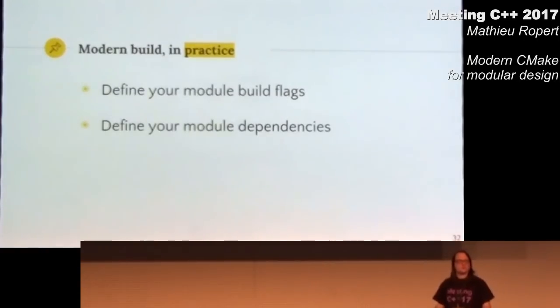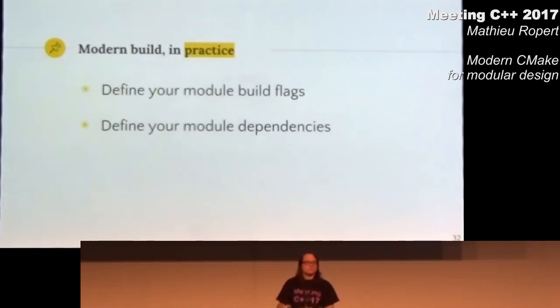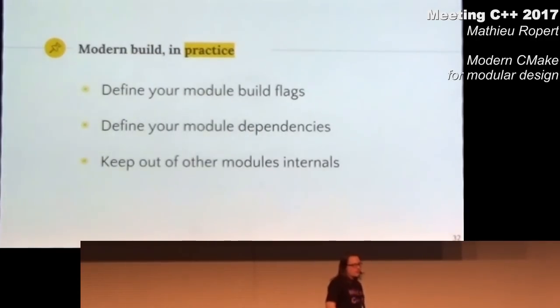Then you define your dependencies. You say, okay, my module A requires module B. And you keep out of other modules' internals. When you need module B, you don't care how it's implemented, just like when you use a class, you don't care about the private bits, you just look at the interface.